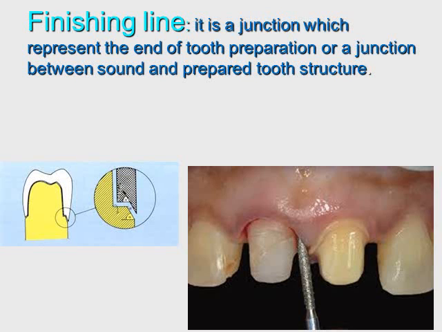In the other picture you are going to see a magnification of the margin of the crown, which is going to be placed on the finishing line. It is not really a line, it is a junction with many planes. It is a finishing line.